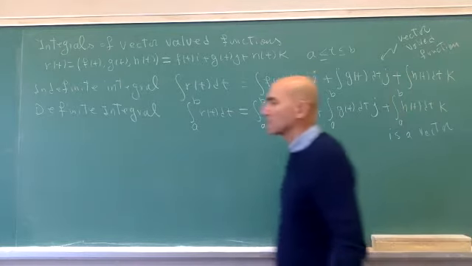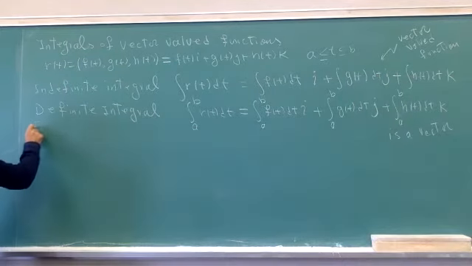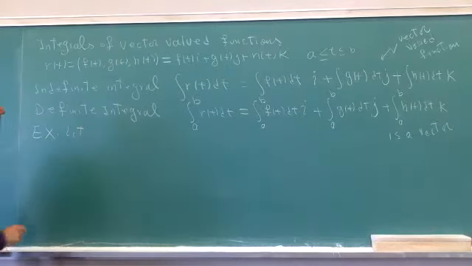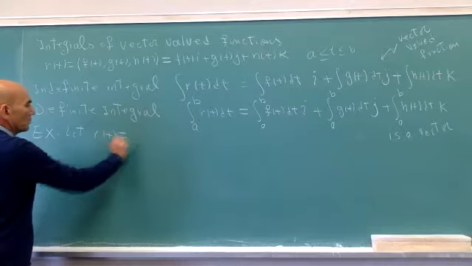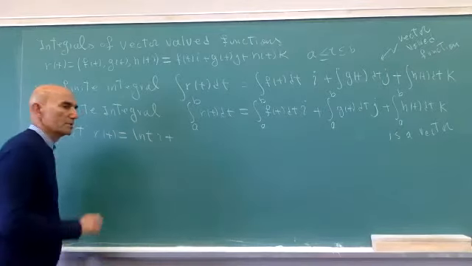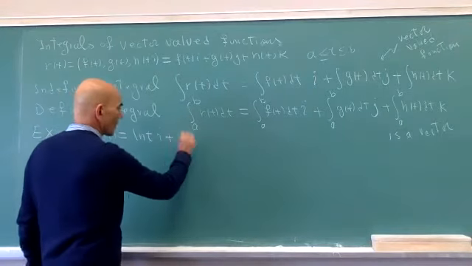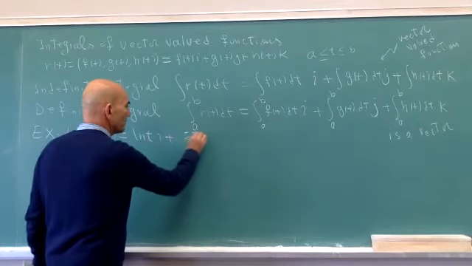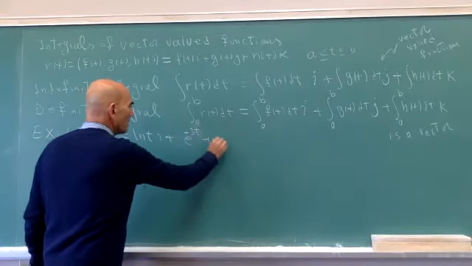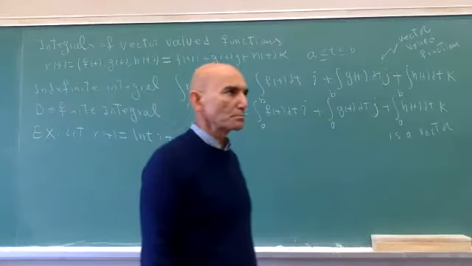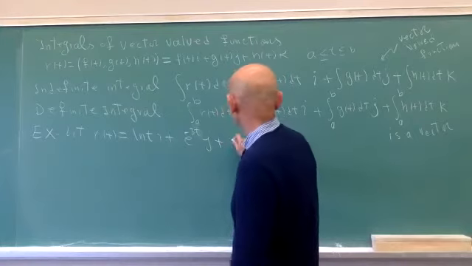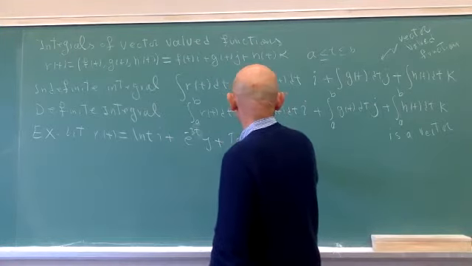So let me give you a simple example. This is very straightforward. Let r of t equal ln t i plus e to the negative 3t j plus tangent of t k.